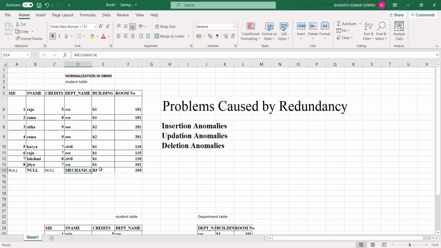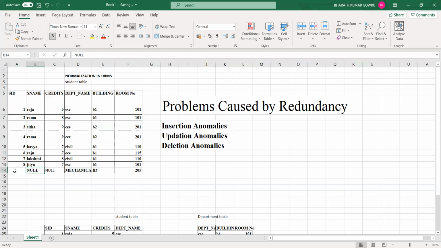Here we discuss the insertion anomalies, so I inserted another row, but no students are related to the mechanical department. That's why I represented this information with null. But student id is the primary key, and a null primary key is not accepted. This type of problem is related to insertion anomalies.